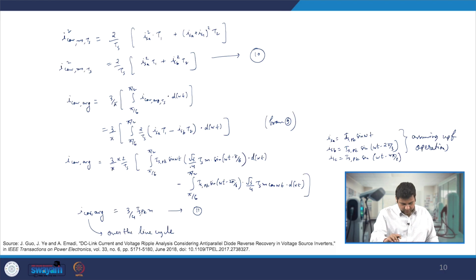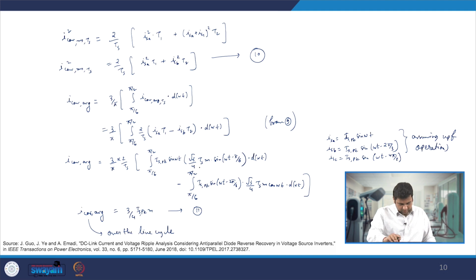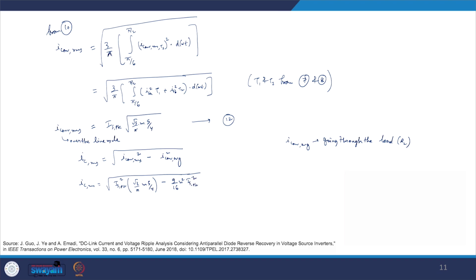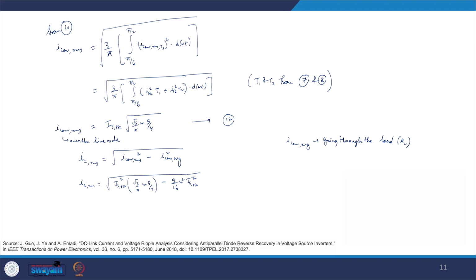I converter average value is 9 by 16 M square Is peak square. This is the thing we will get, and when you solve this particular expression, we will get the ICRMS, where M is nothing but your modulation index, and Is peak you can easily predict from your specification.